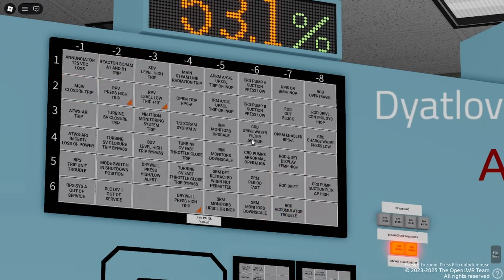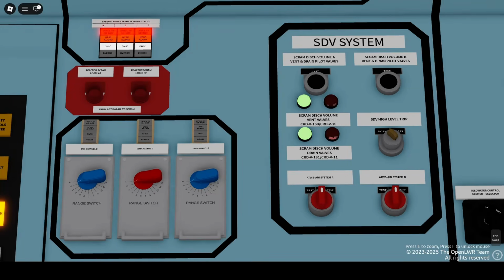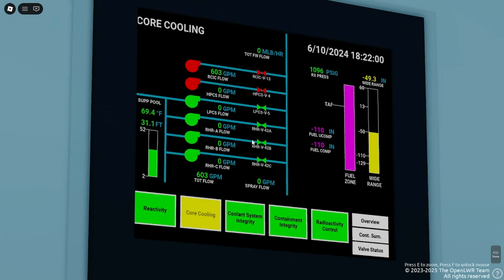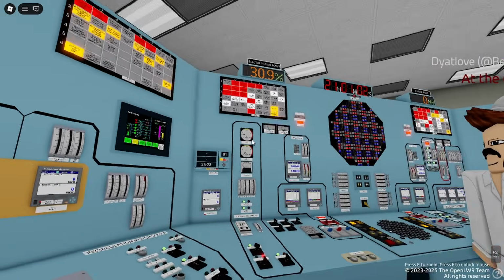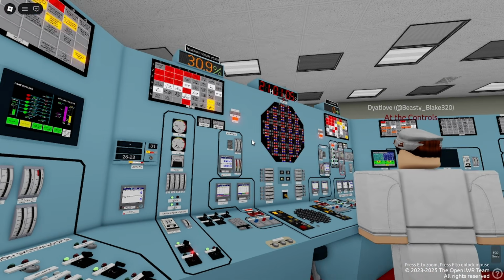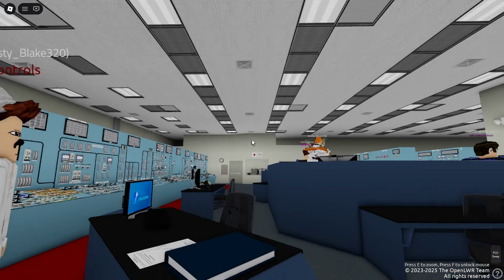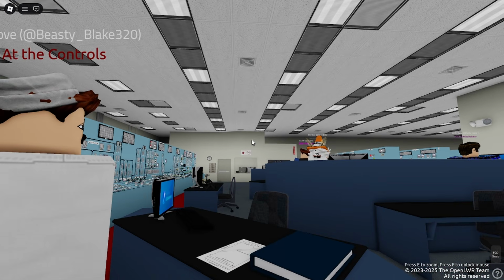Mode switch is in shutdown. APRMs are inoperable. RPV level is -50 inches up slow. Reactor pressure is 1096 pounds up slow. EOP entries and reactor scram required. Failure to scram, low reactor water level, and high reactor pressure.